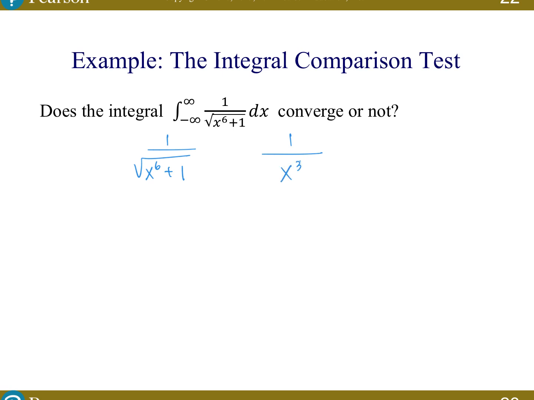All right, which direction does the inequality go? Which one has the larger denominator? So therefore, which one will have the smaller value? The original is what? Smaller.